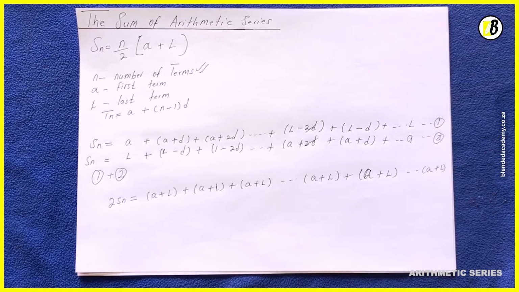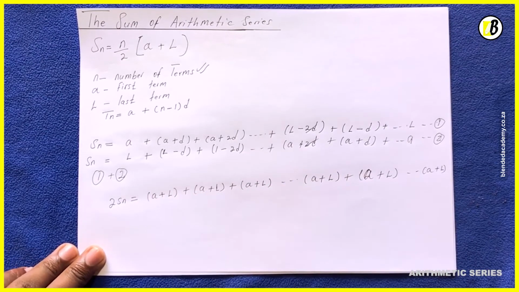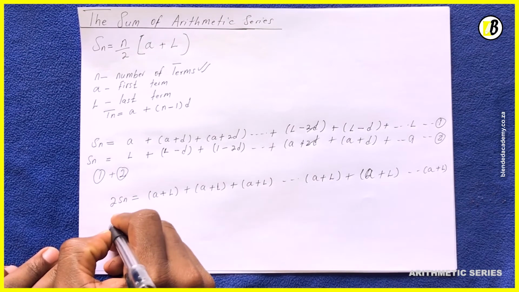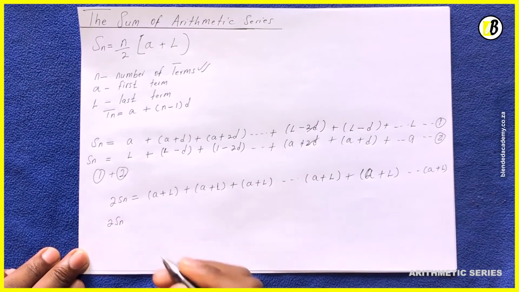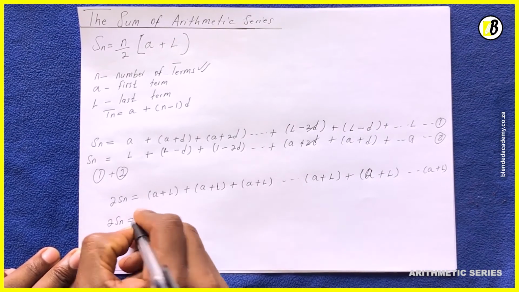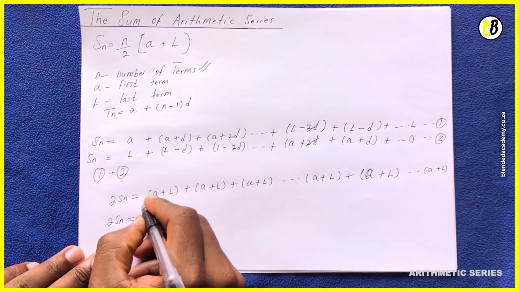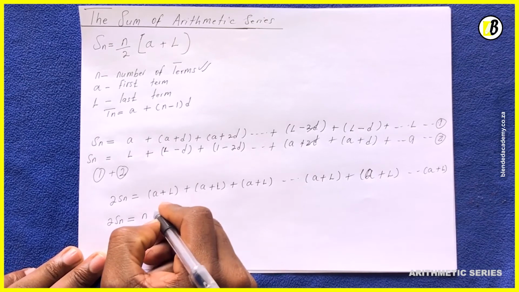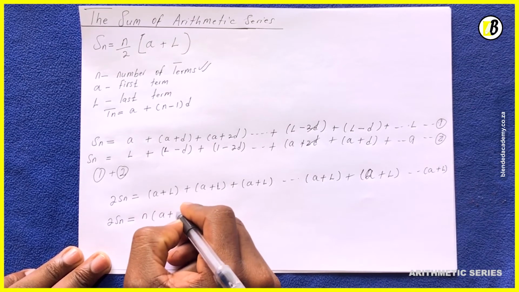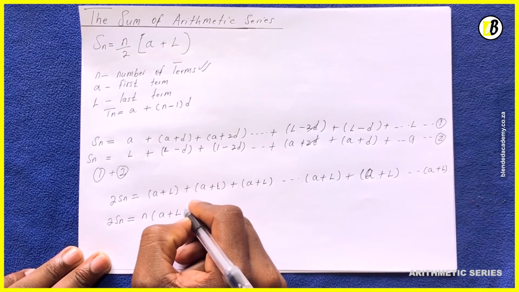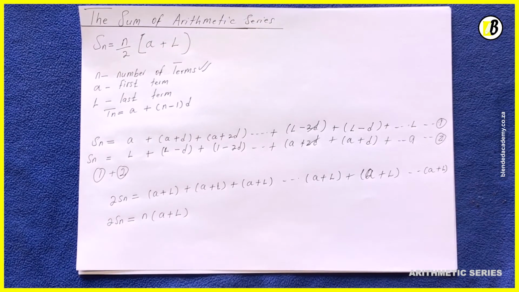Now, because we are using variables, we are going to multiply everything by n. We're going to have 2Sn is equivalent to n brackets A plus L, right?